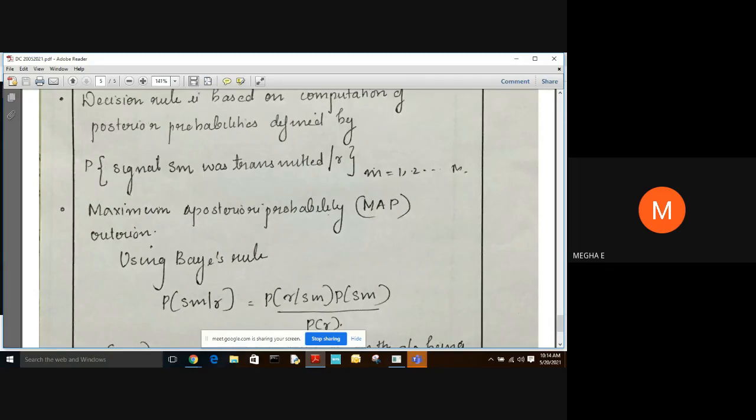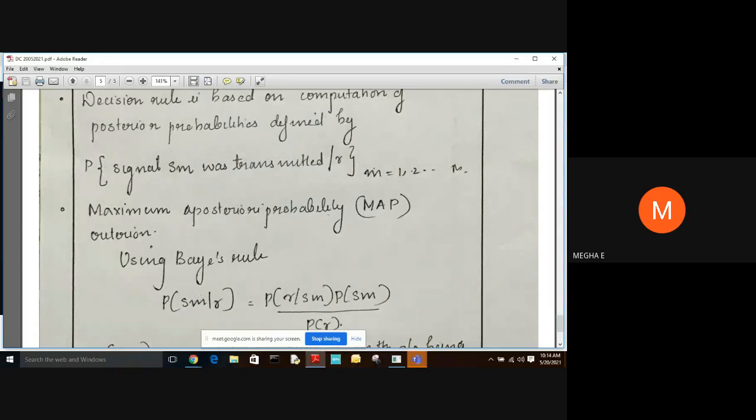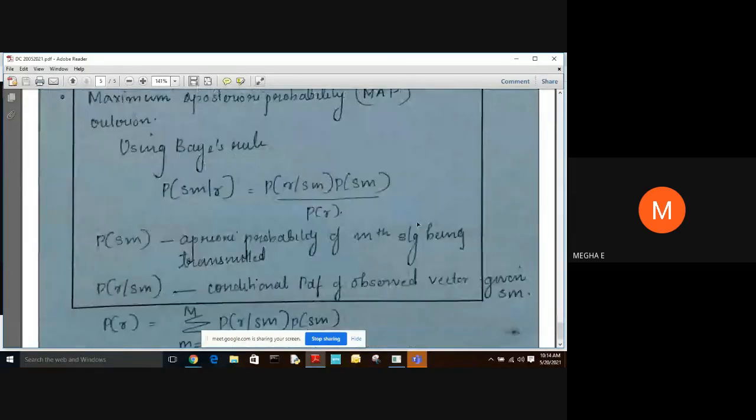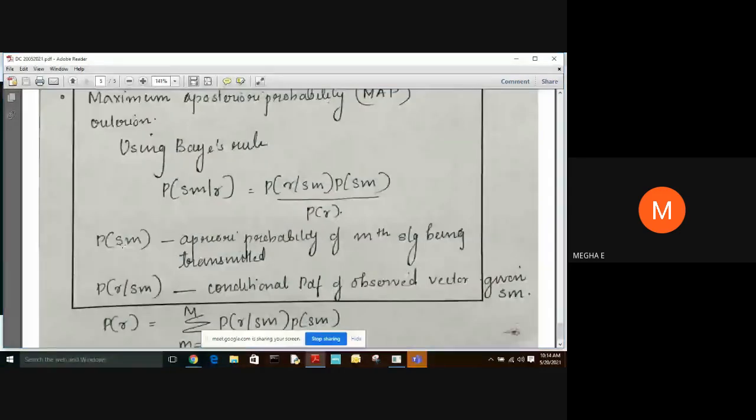So this follows the MAP criterion, and this P of signal Sm was transmitted given R can be written by considering Bayes' rule: P of Sm given R is nothing but P of R given Sm into P of Sm divided by P of R. Here we know P of Sm is the a priori probability of the mth signal being transmitted, and P of R given Sm is the conditional probability of the observed vector given Sm.